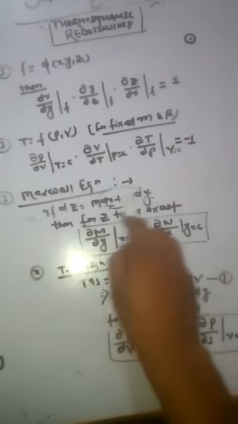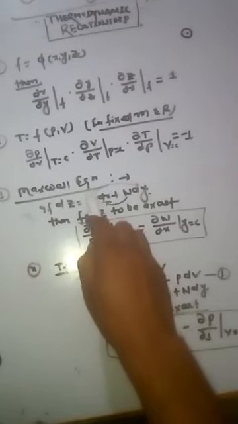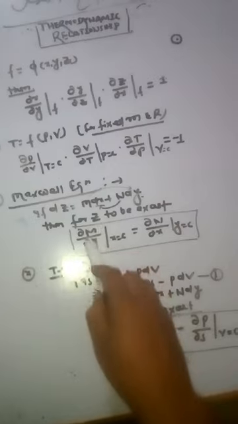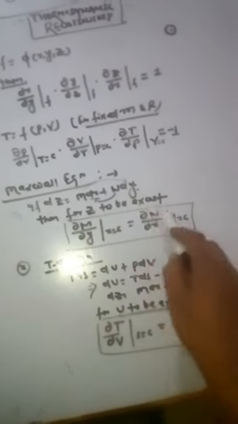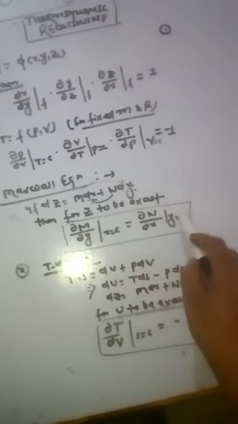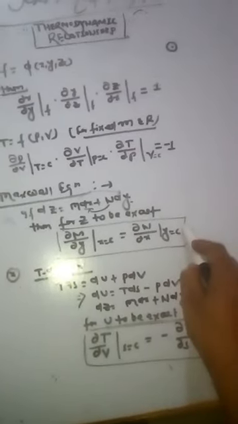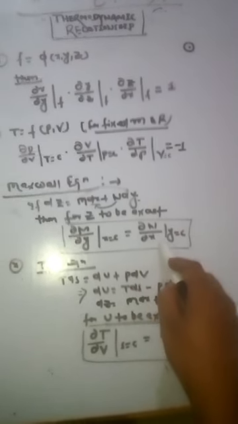If dz is m dx plus n dy, for z to be exact, del m by del y at constant x is equal to del n by del x at constant y. Both terms should be equal.